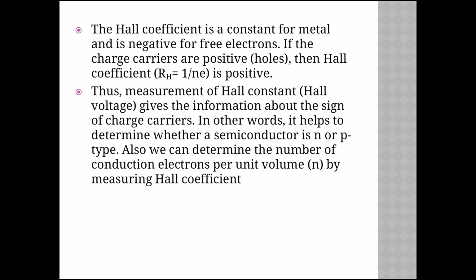If the charge carriers are positive holes, then the Hall coefficient RH equal to 1 upon ne is positive. Thus, the measurement of the Hall constant and Hall voltage gives information about the sign of charge carriers. In other words, it helps to determine whether a semiconductor is of p-type or n-type. Also, we can determine the number of conduction electrons per unit volume n by measuring the Hall coefficient.